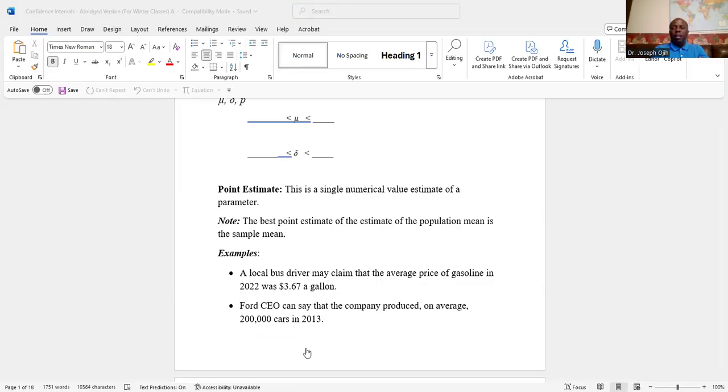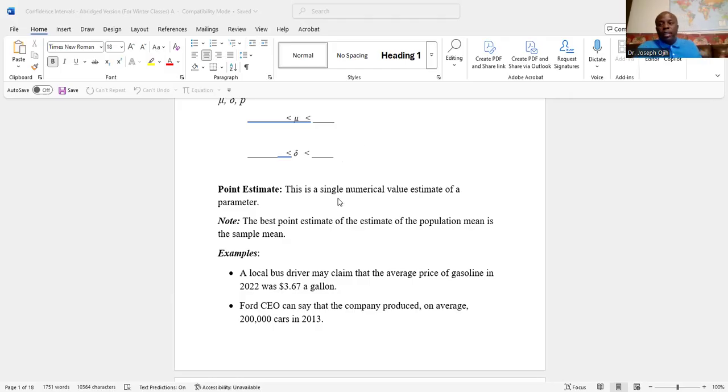For example, a local bus driver might claim that the average price of gas in 2022 is $3.67 a gallon. As you know, gas prices are skyrocketing. Or a Ford CEO can say that on average, 200,000 cars were manufactured in 2013. Each of them is a single number.